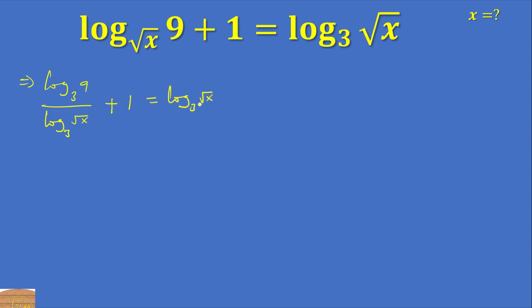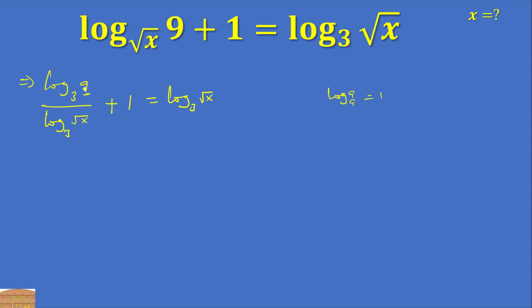All right. So let's look at the numerator here. So 9 is the same as 3 to the power 2. Okay. So in case we have, let's say, log a to base a is 1. So let's express the numerator in the form of this. We know 9 can be written as 3 to the power 2.